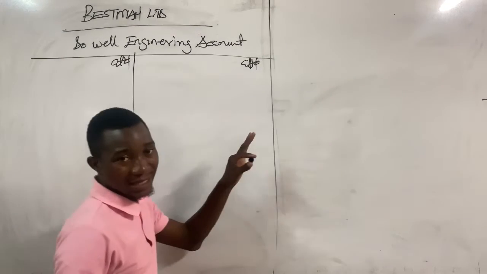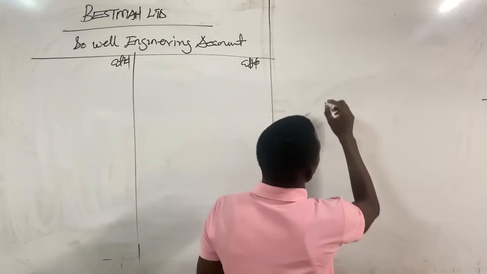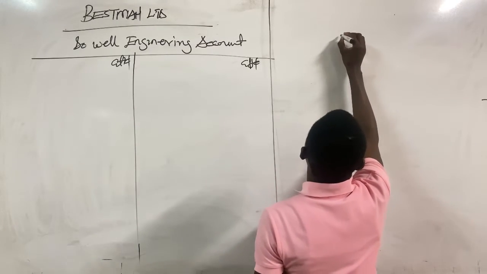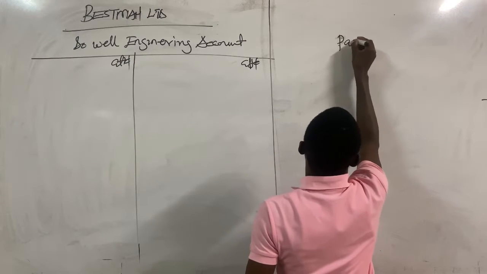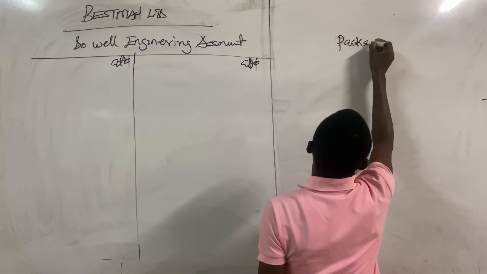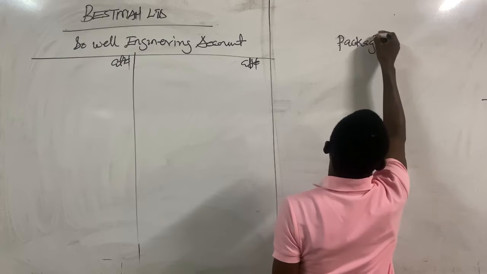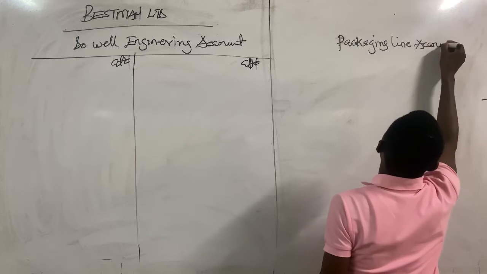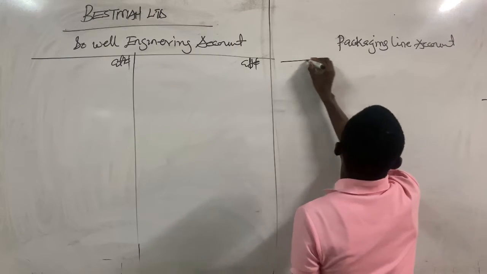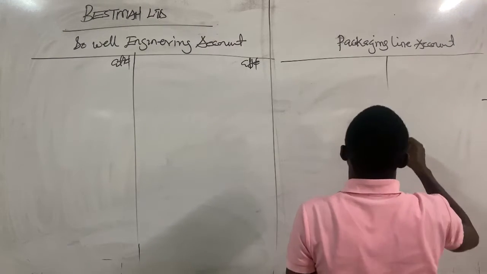We open the asset account as well. The asset here is the packaging line. So we have the packaging line account. Alright. So this is the asset account.